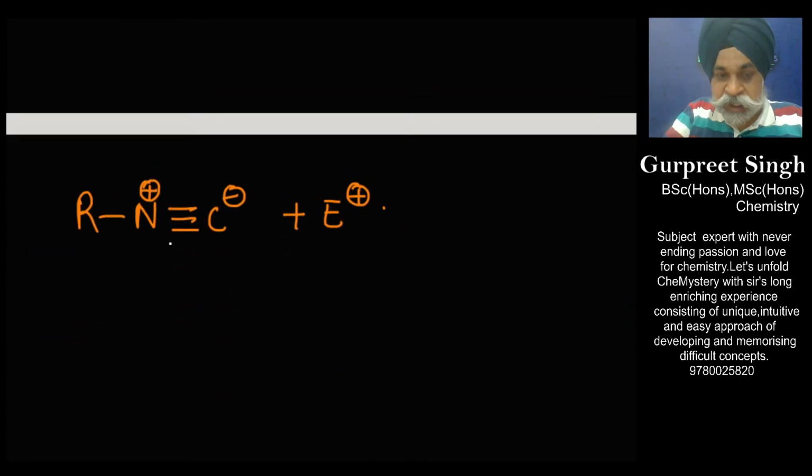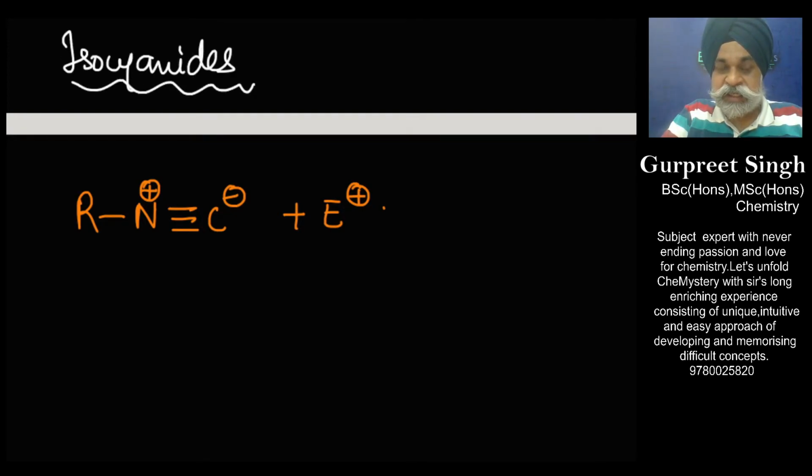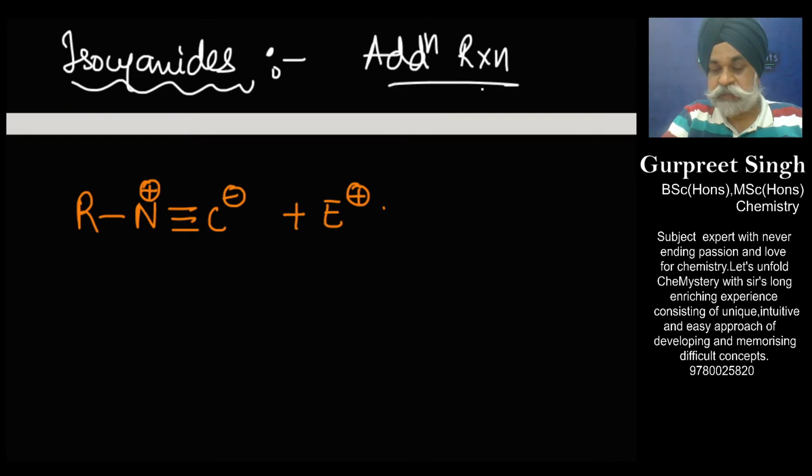As I said, isocyanates react differently when they are undergoing addition reaction. Addition reaction happens to take place somewhat differently as compared to other functional groups which are having double or triple bonds.